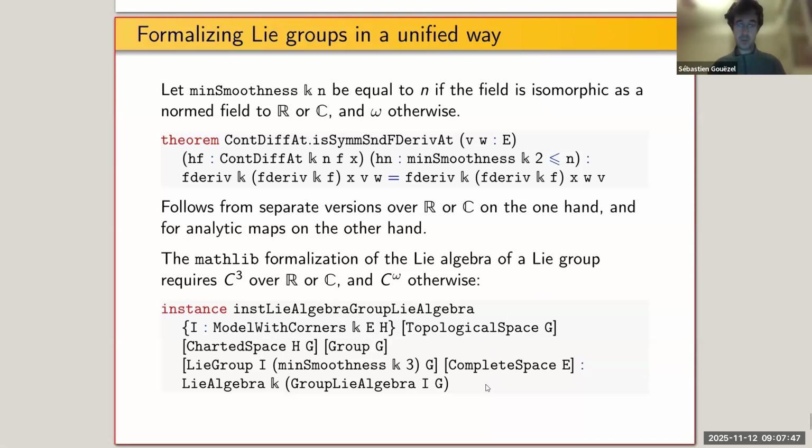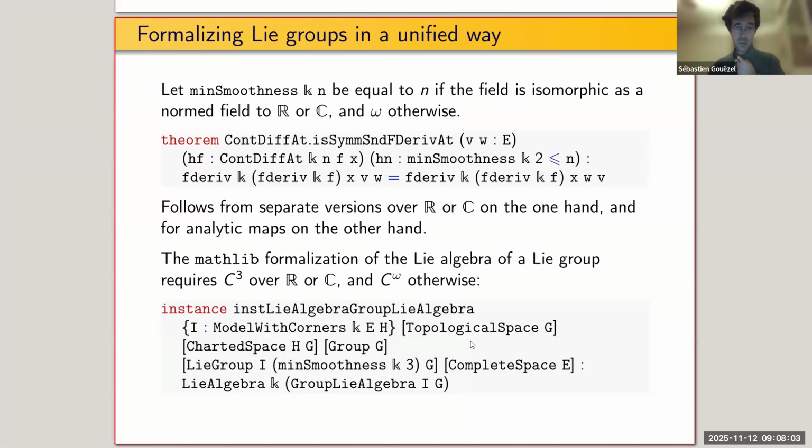Don't really look at the statement, because it requires knowing a little bit of the language of differential geometry in mathlib. Maybe you were all at Patrick's talk last week and you remember perfectly well. If you don't, it's not really an issue.